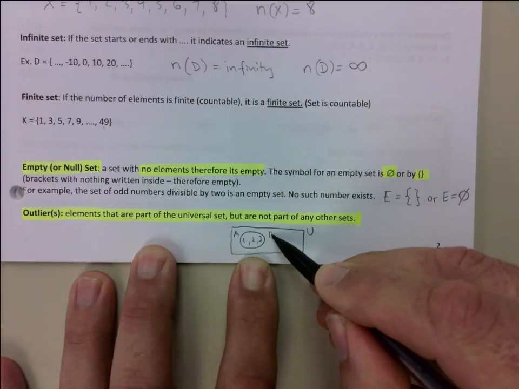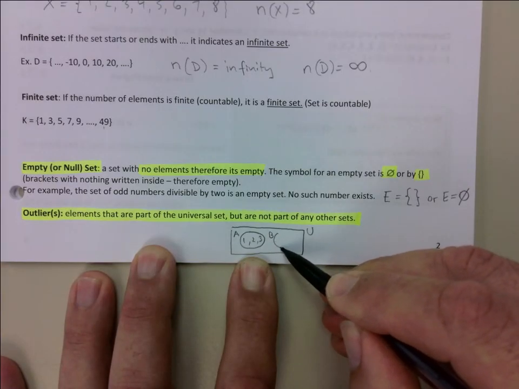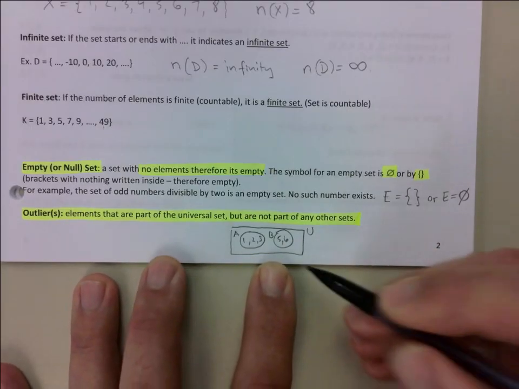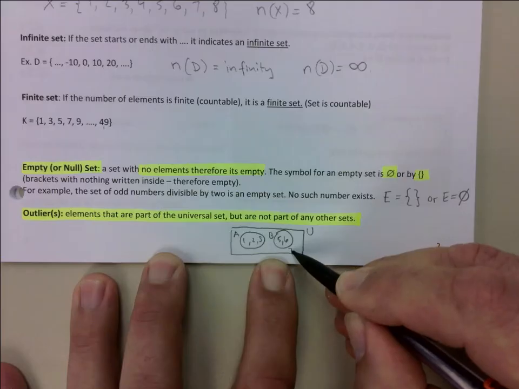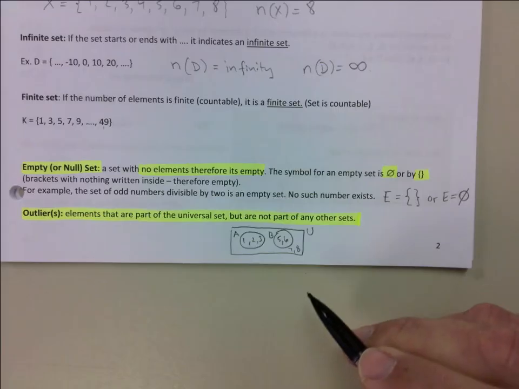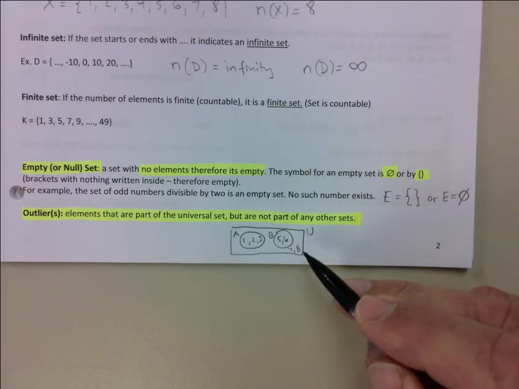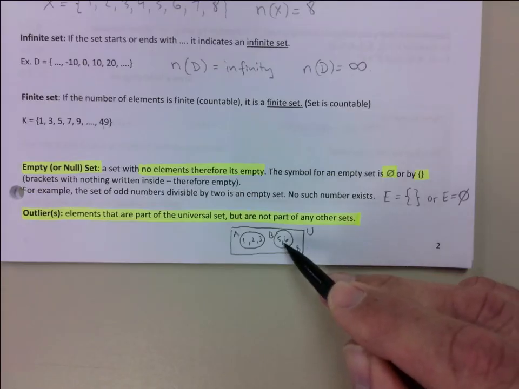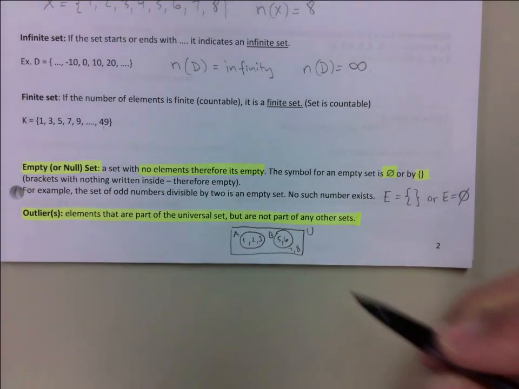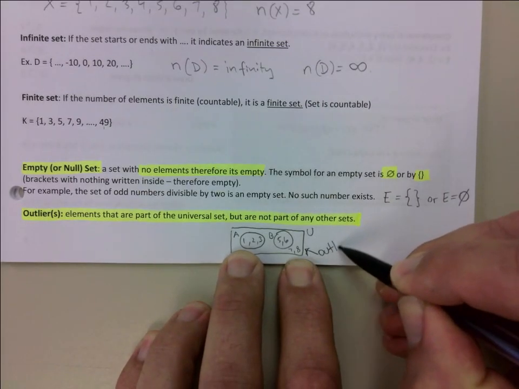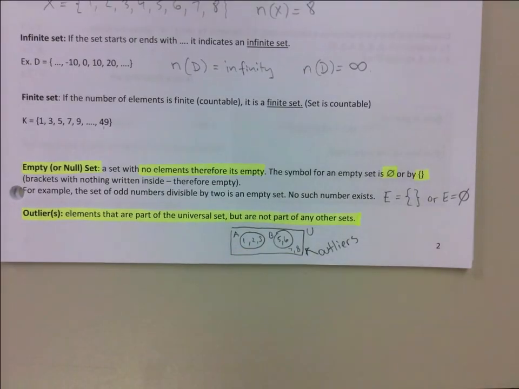And you have a set B. You have numbers, let's say 5, 6 in there, and you've got 7, 8 outside there. These are your outliers out here. They're part of the universal. They're inside the box, but they don't belong to any of those circles. So these are my outliers. On a Venn diagram, they're very easy to identify.